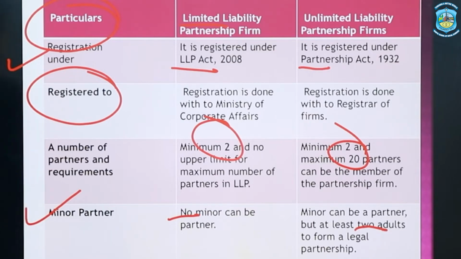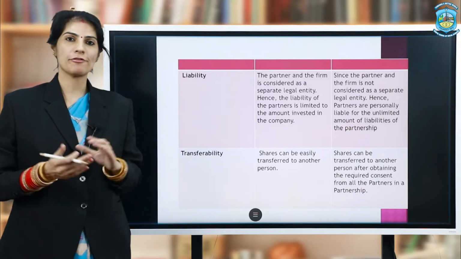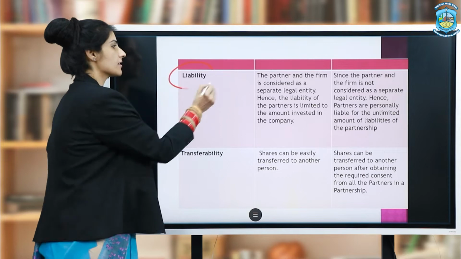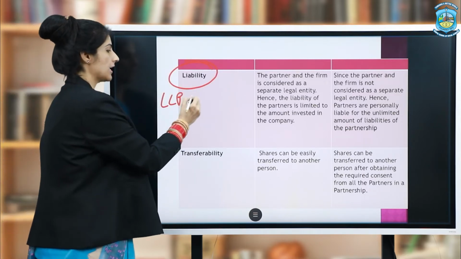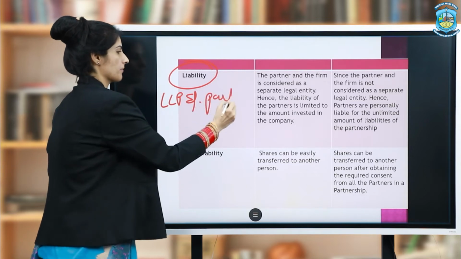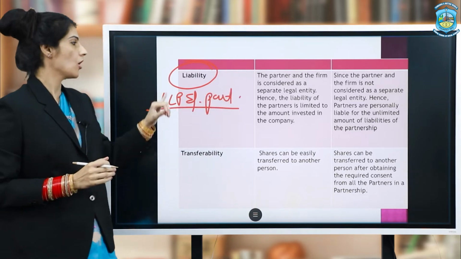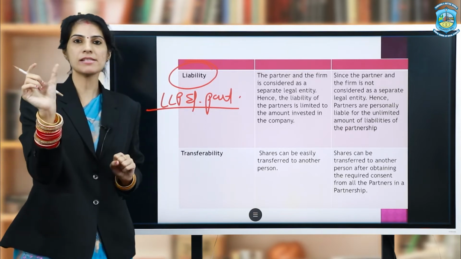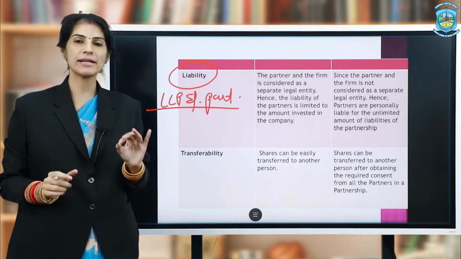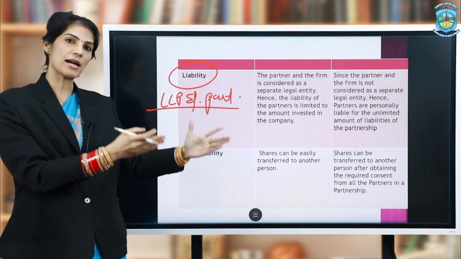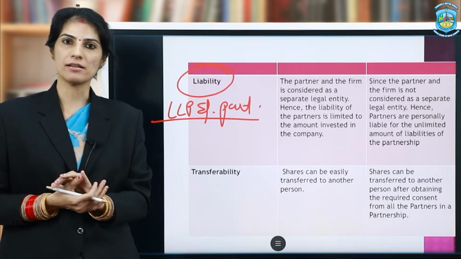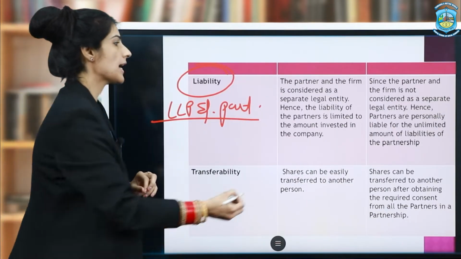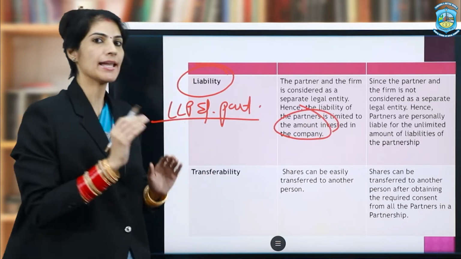Now let us move ahead. The next basis of differentiation is the liability, and this is the most important differentiation between your LLP and your partnership. Now, what is this difference? As the name suggests, in a limited liability partnership, the partnership firm and the partners are 2 separate entities. Therefore, the liability of the partner is only limited to the amount which is invested by him.